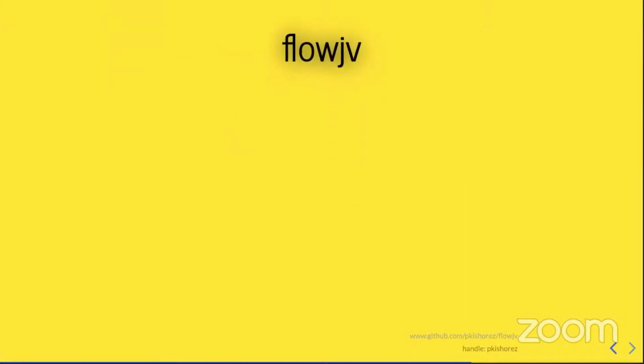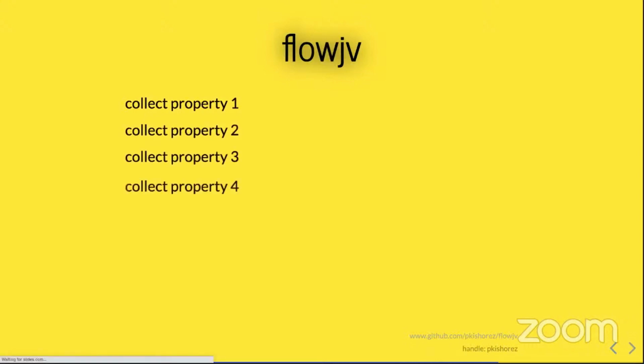In FlowJV also, just like we have in a programming language a set of instructions and then conditionals, we write instructions saying, all right, collect property 1 of an object, and then property 2, and then 3. Just like we execute instructions in a programming language, in FlowJV we give instructions asking the library to collect information one after the other.